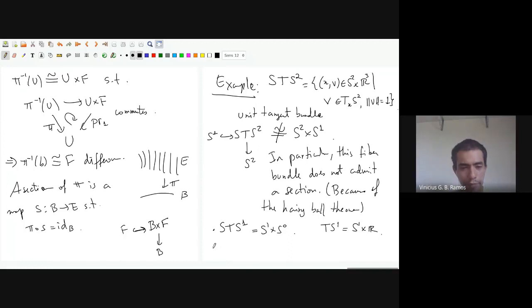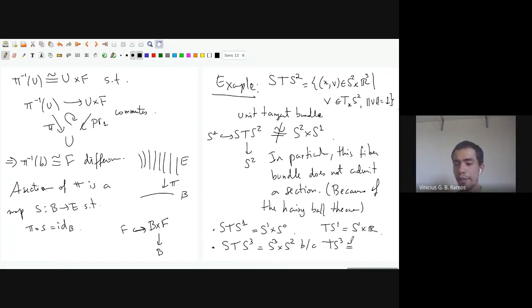But I think what's even more interesting is the unit tangent bundle of S3. And this one is actually trivial. This is because of something very non-trivial, which is that the tangent bundle of S3 is a trivial bundle.